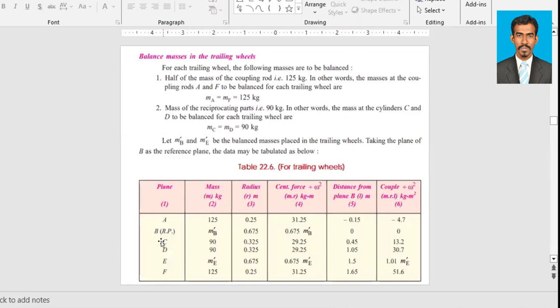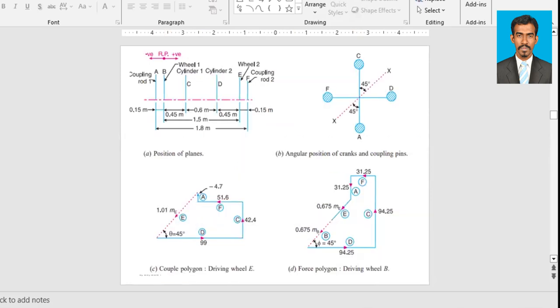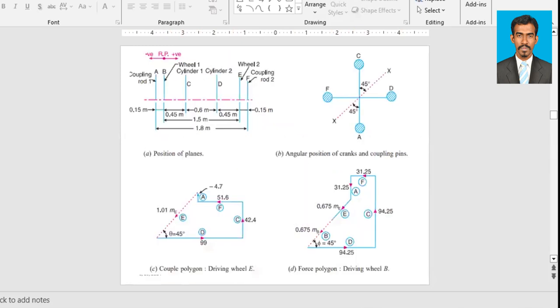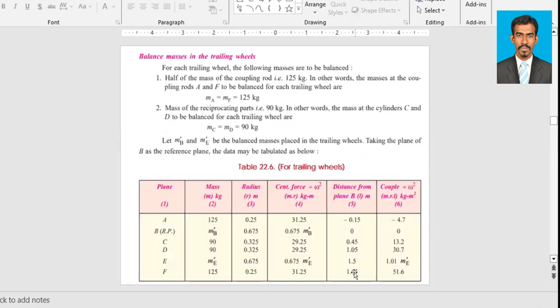From reference plane B to E, that is 1.5 meter. Then reference plane B to F, that is 0.45 plus 0.6 plus 0.45 plus 0.15, which is equal to 1.65.